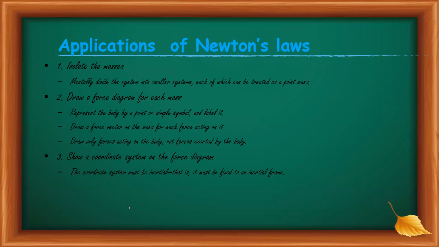So the frame must be fixed to an inertial frame. And take the axis along a convenient direction. It may be along the assumed direction of motion or along the applied force.